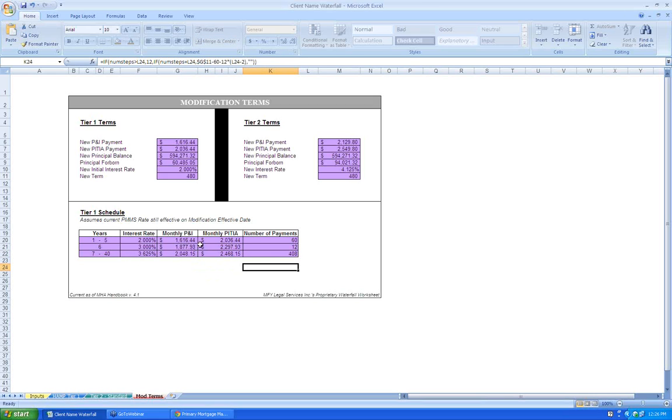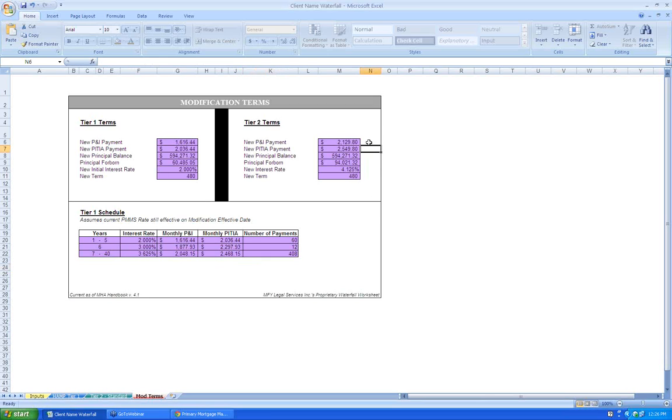And this schedule is useful, I think, for helping the borrower plan out how their payments will change over time, so that they know that even though they're going to be paying 31%, they might not be paying that for the entire life of the loan.